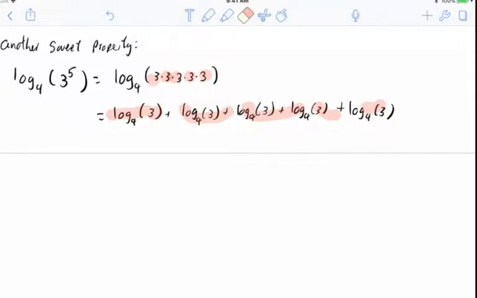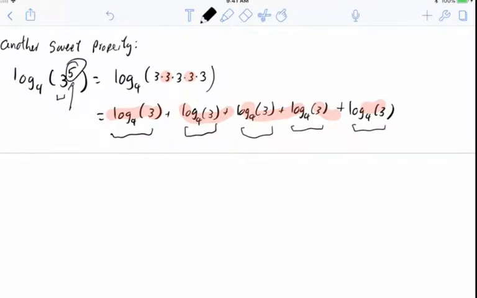So, in other words, when you have a logarithm of an exponent expression, you're going to end up with a bunch of log terms in terms of the base of the exponent, and the number of terms here is going to be whatever that number is. It's added together over and over, so the answer is 5 times log base 4 of 3.